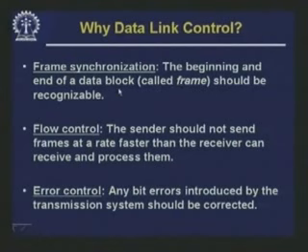That means, when you are sending a number of bytes, let us say, from one machine to the other, they are grouped into some blocks. So, on the other side they should be able to recognize that, okay, this is the beginning of the block and this is the end of the block. So, for that you are required to organize these bytes into what are called frames. We will look at details of frames later on. So, that is the first job of data link layer.